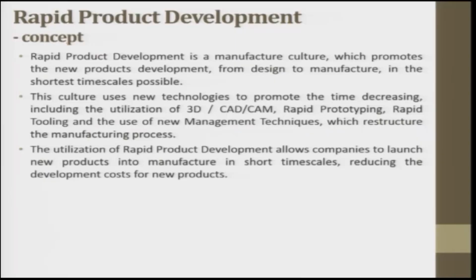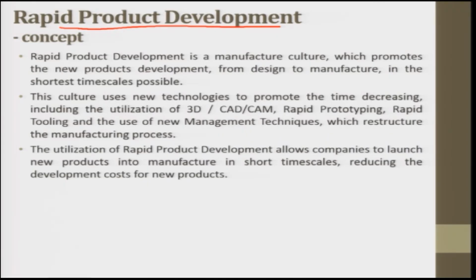In the same way, we can design the factory in a simulation software and see whether our product flow is going properly or not. So, as people say, it is better to fail a simulation than to fail a real product or a real factory. So, those simulations are possible these days. First, I will discuss the concept of rapid product development.